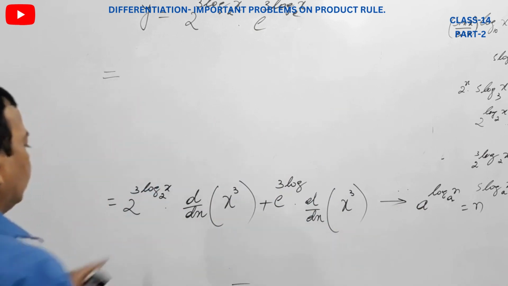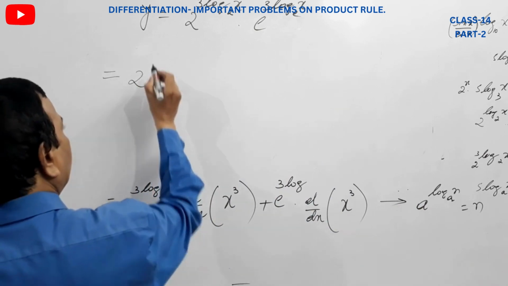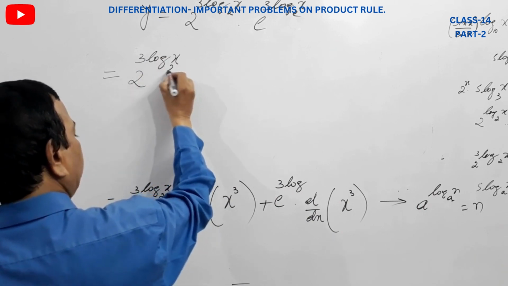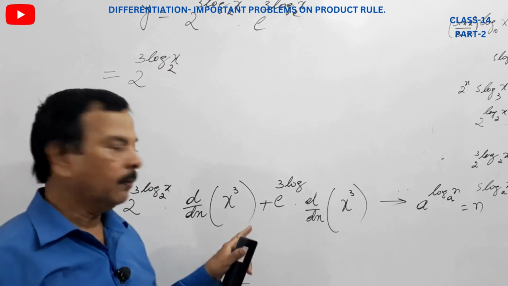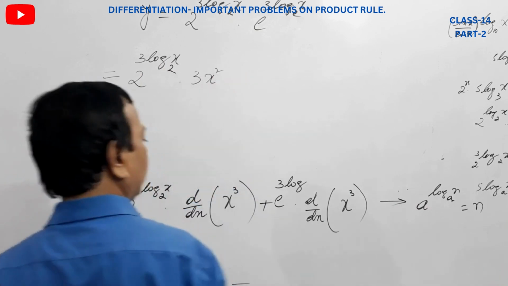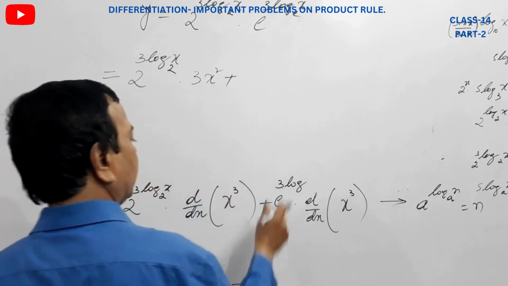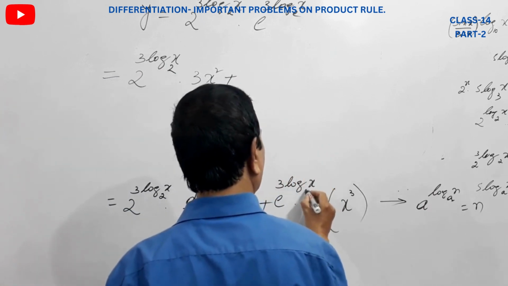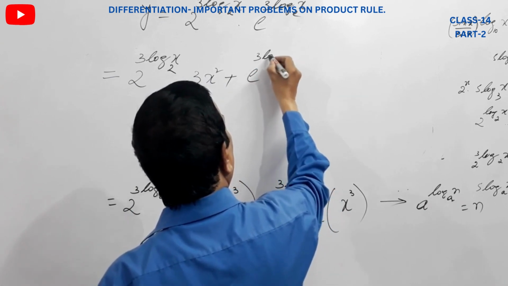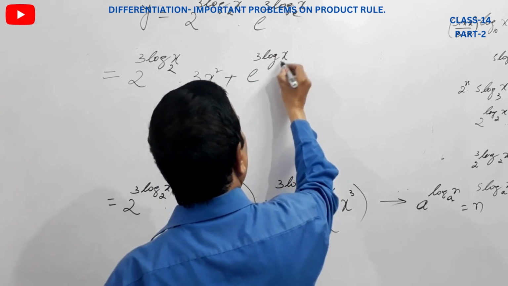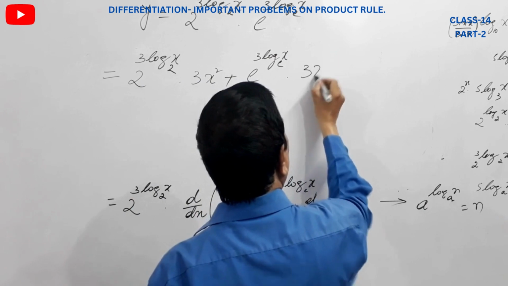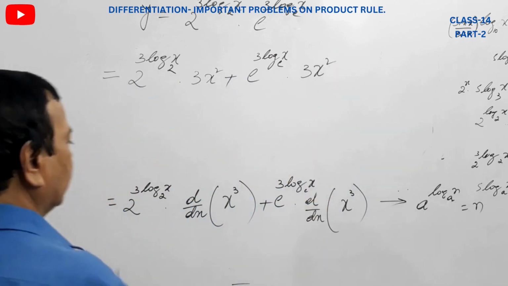So 2 to the power of 3 log x to base 2, d by dx of x cube is 3x square, into 3x square, plus e to the power of 3 log x to base e. Again d by dx of this becomes 3x square.